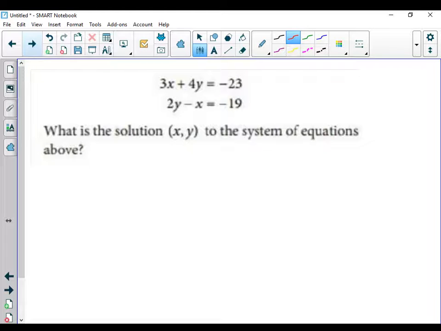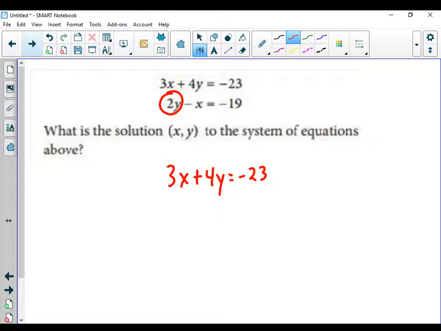This one, they had a system of equations. They want us to solve for x and y. This is probably a good setup for elimination. I have to do a little bit of rearranging, though. If I start with the first equation, I'm going to leave it as is. But the second equation, I'm going to try to get the 2y to match that 4y.